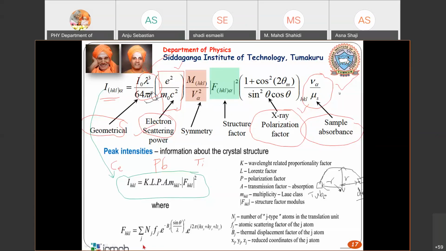Then fj is the atomic scattering factor of that particular atom. That means, as I told you, there is absorbance; in the same way, how much your cerium can diffract and how much your oxygen can diffract is taken care of by fj, the atomic scattering. So atomic scattering means cerium scattering, oxygen scattering.